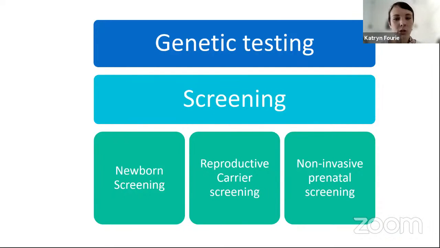Just to clarify, newborn screening here would mean biochemical blood tests to identify babies who are at risk of having certain metabolic conditions, things like cystic fibrosis, with the idea that early intervention makes the outcome a lot better. Carrier screening is identifying couples who are at risk of having a child affected with a genetic condition. Non-invasive prenatal screening is a way of identifying pregnancies that are at high risk of certain chromosomal conditions usually.